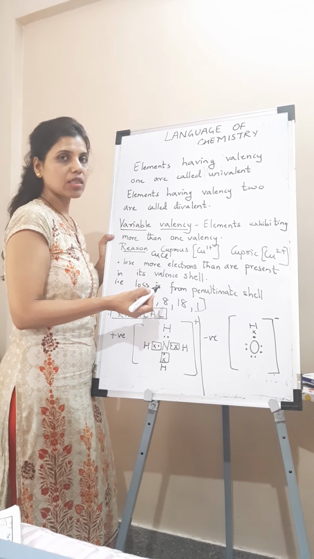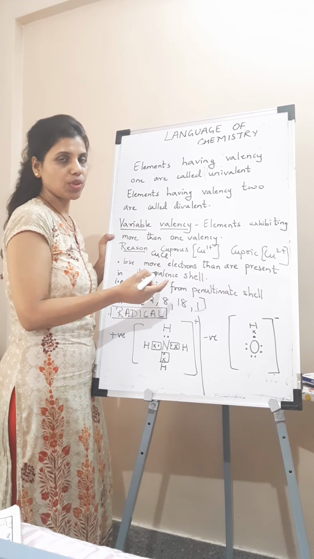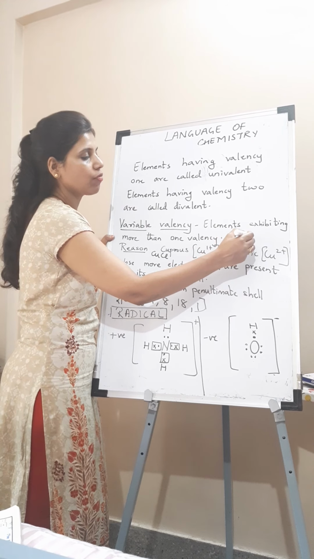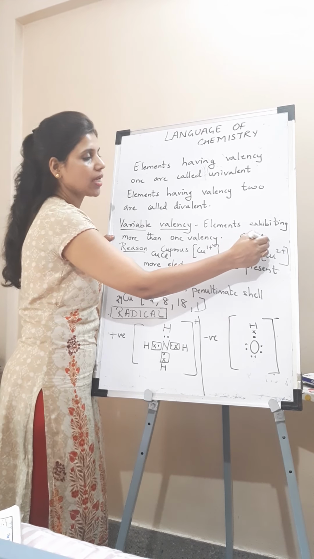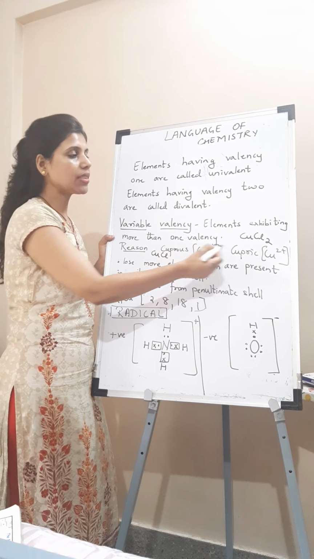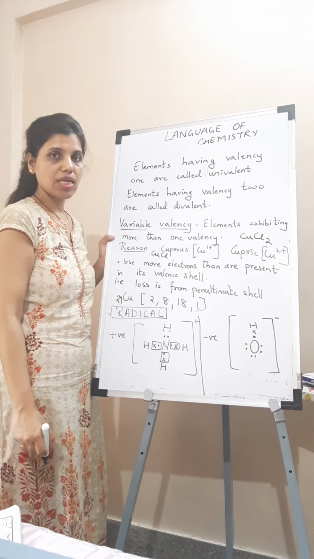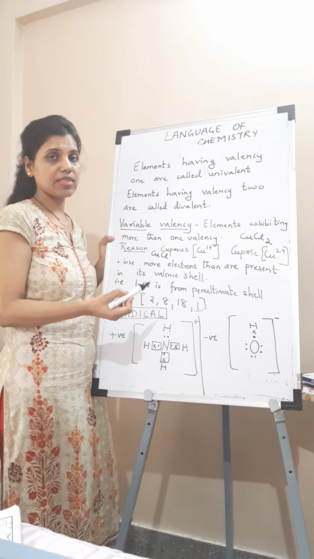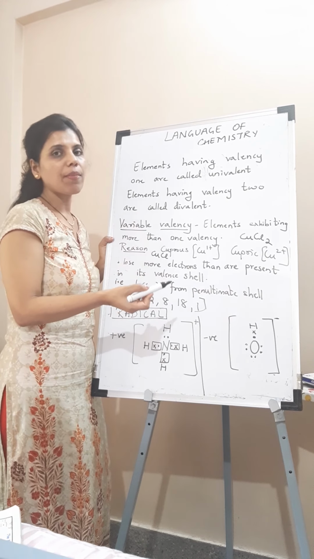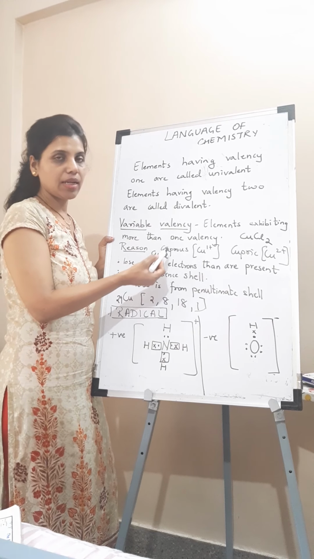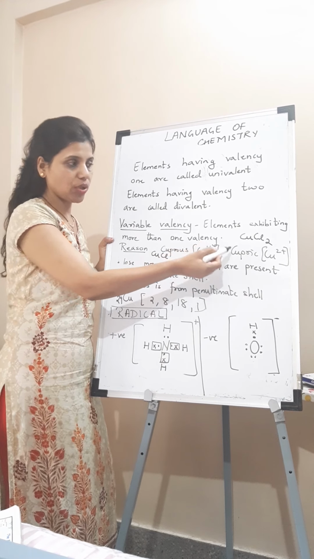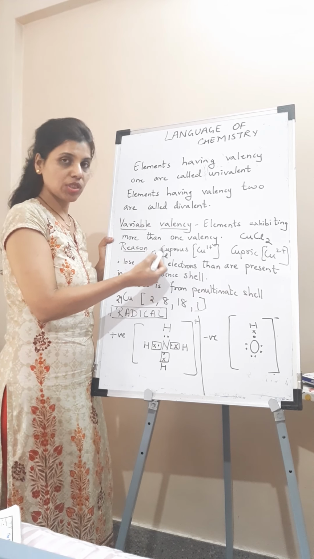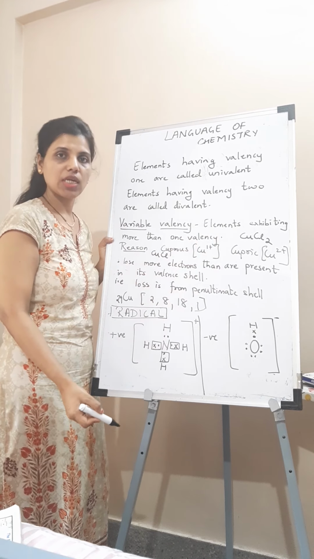If it is having the valency 2, then it will form cupric chloride and the molecular formula will be CuCl2. That means it is forming two different compounds, and that's the reason it is showing variable valency. That is, when it is trying to combine with the same non-metal, that is chlorine, here it is going to form CuCl, but here it's going to form CuCl2.